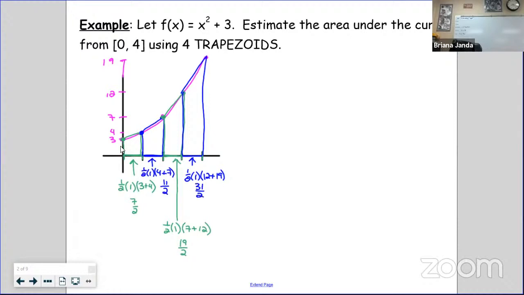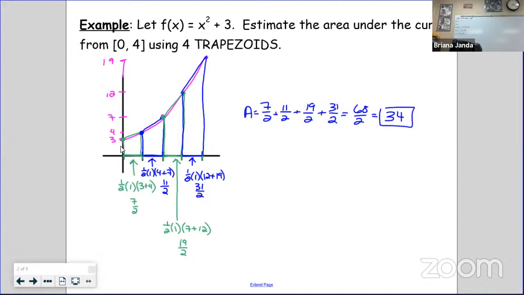So my approximation of the area under the curve would be summing up all of those, which would be 68 halves. Let me check my mental math there. 34. Questions?